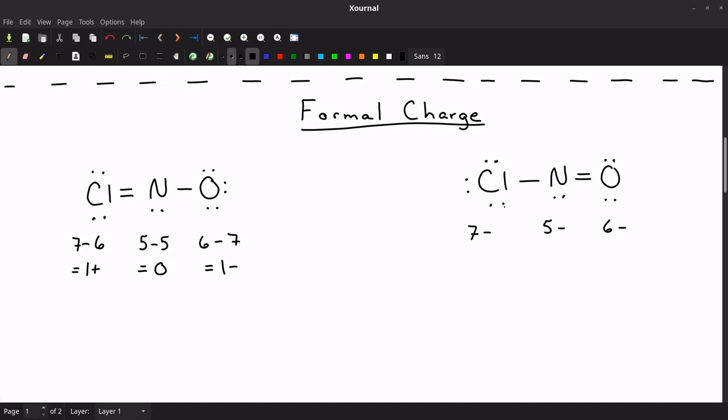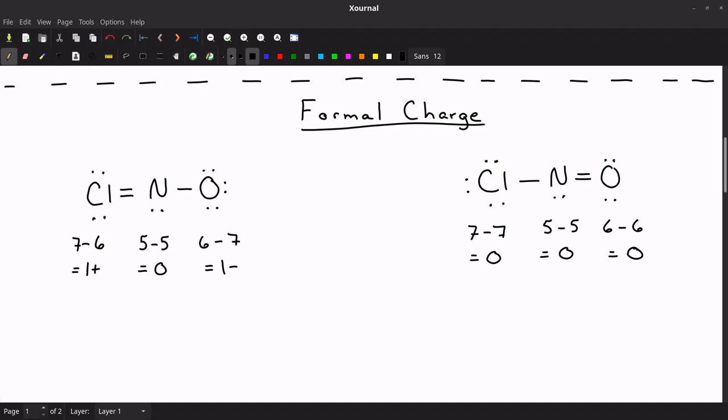Let's see how it plays out over here. 1, 2, 3, 4, 5, 6, 7. That's 0. 1, 2, 3, 4, 5, minus 5. That's going to be a 0. 1, 2, 3, 4, 5, 6, minus 6. That's going to be a 0.